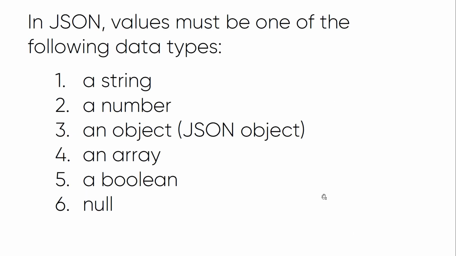JSON data types. In JSON, values must be one of the following data types. We have six data types for values in JSON. Remember, guys, name, value. So we are now considering the values, with the data type, in the values section of JSON data.